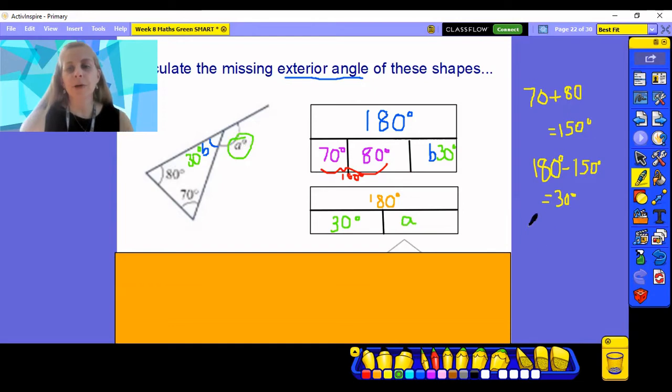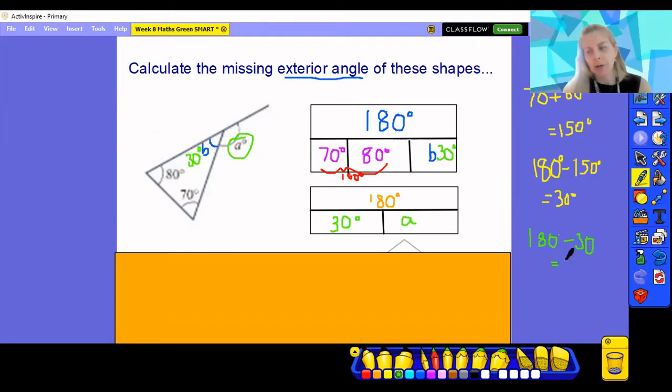So if we do 180 degrees and we subtract 30 degrees, you should already be thinking, oh, I know what that one's going to be. We have our 150 degrees. So we know that A on this diagram here is 150 degrees.